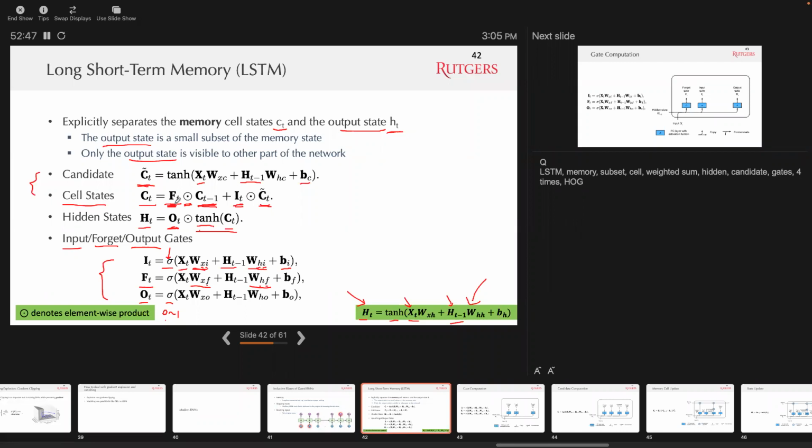It's not. So when you compute the forget gate, it is not forgetting yet. So when computing this, F_t is the forget gate. The forget gate will control how much you forget and how much you remember. But the forgetting happens here, not here. Okay. So this is just to compute the gate.